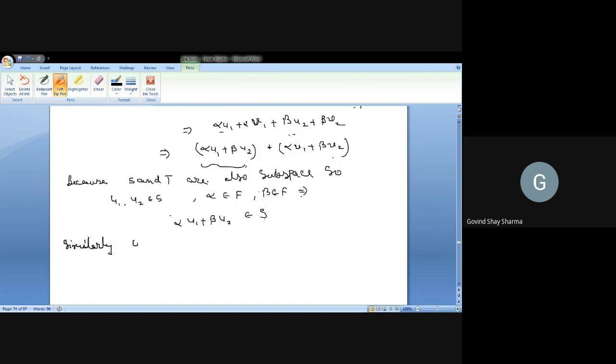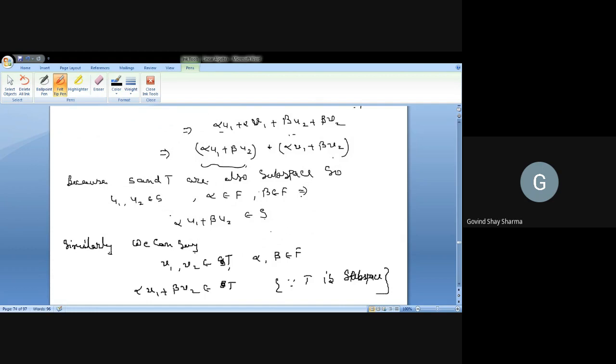Similarly, we can say v1, v2 belong to T, alpha, beta belong to F, so alpha v1 plus beta v2 belongs to T, if T is a subspace. This is equation 2, this is equation 1.